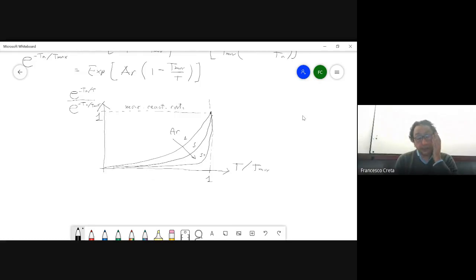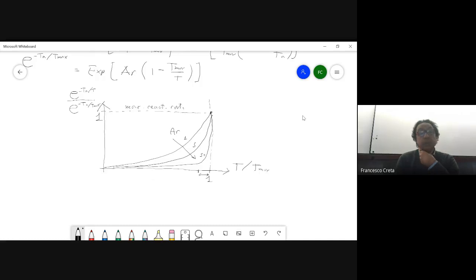So as you increase the temperature, the reaction rate almost doesn't increase. It's a very, very small increase. And then, very close to the maximum temperature, only then do you have a full release of the reaction rate from almost 0 to its maximum value in a very narrow range.